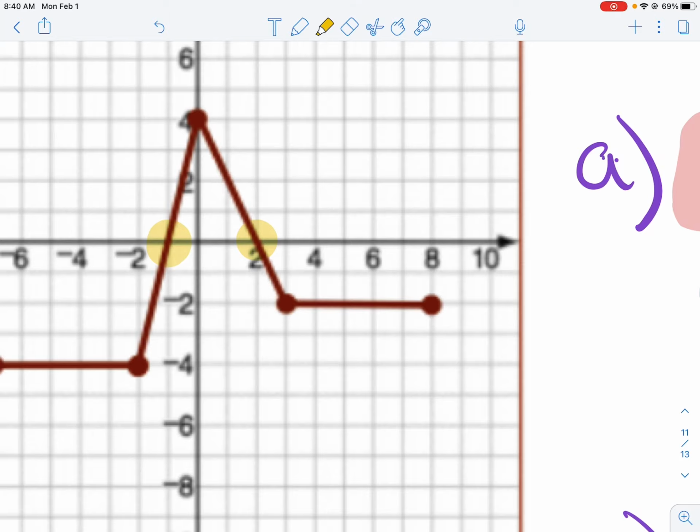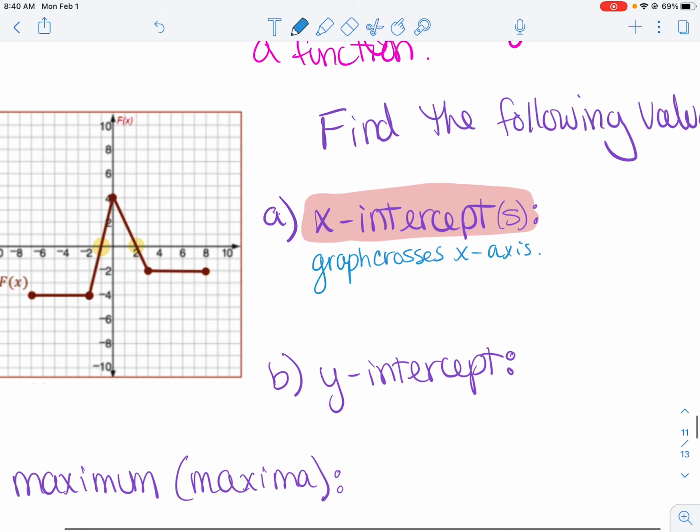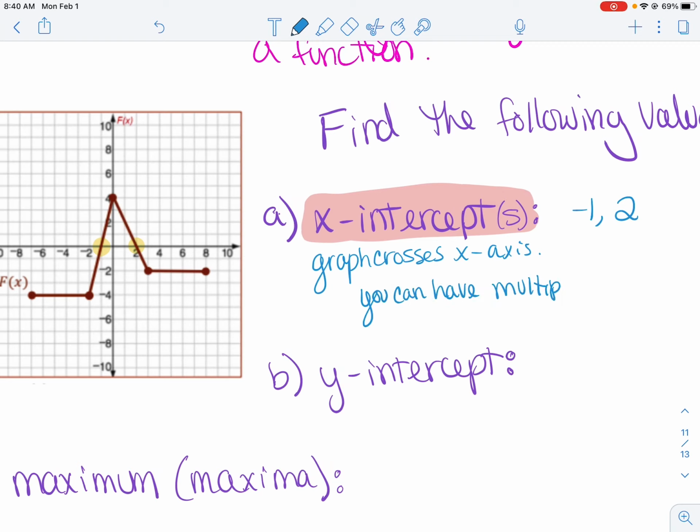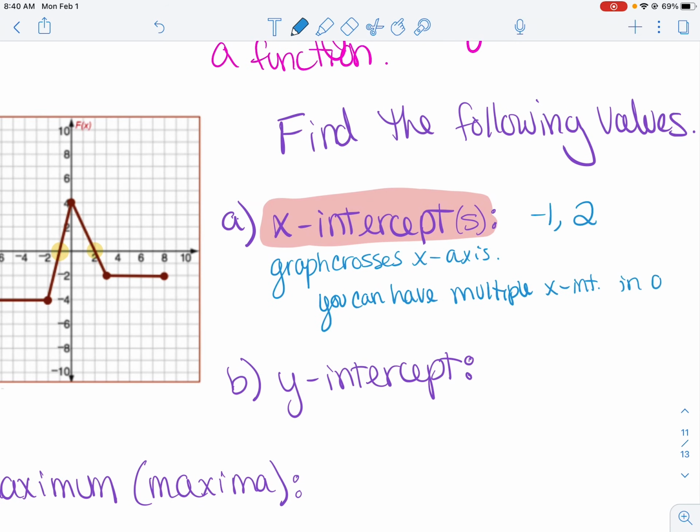So we want to figure out what two values that would be. Well, it looks like -1 and +2. So my x-intercepts are -1 and +2. You can have multiple x-intercepts in a function, all right?